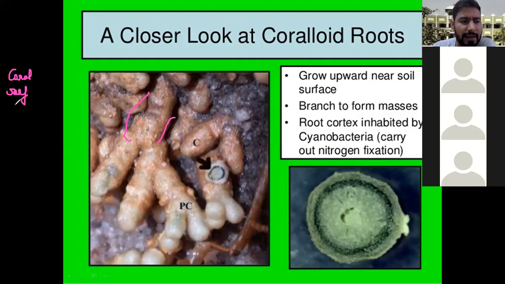Can you tell the phylum which forms the coral reef? Yes, very good. Excellent. Coelenterates form the coral reef.